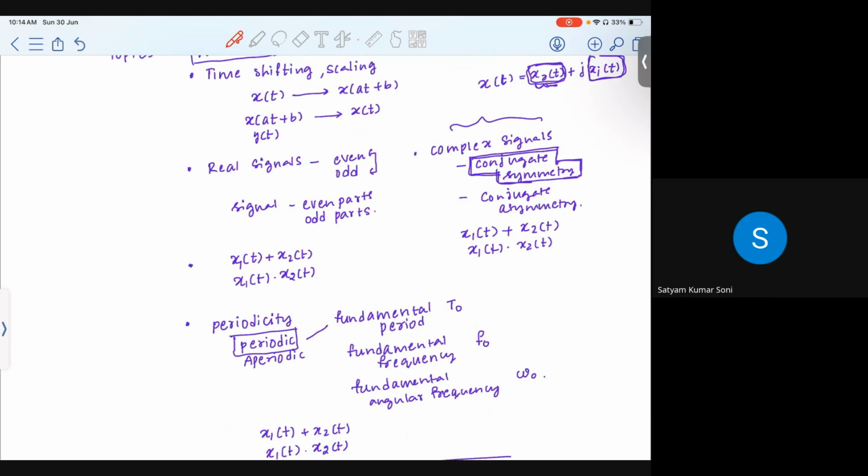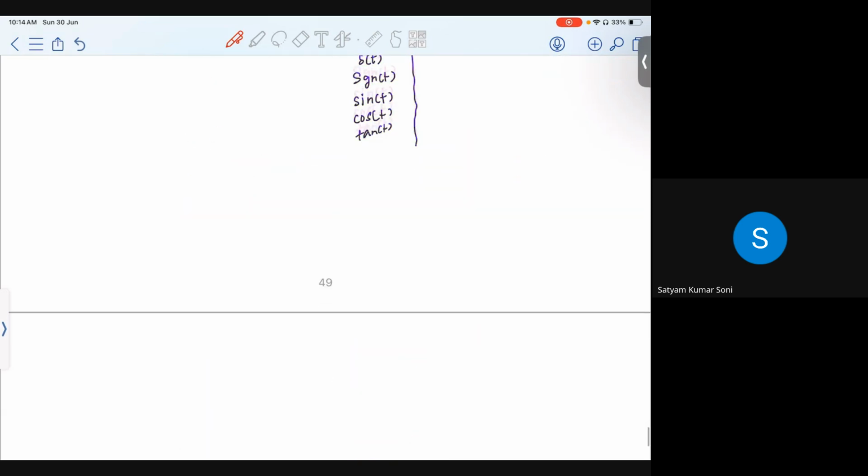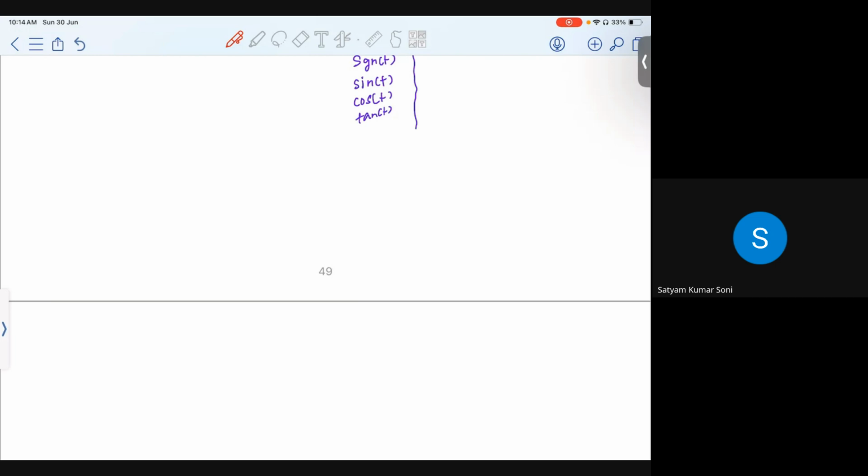Ma'am, I have a doubt in derivative of signals. How to calculate the derivative? Okay, derivative. Any specific example where you faced some issue finding the derivative? I think for all signals, basically how to find the derivative of a signal.